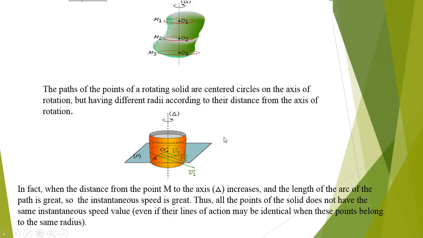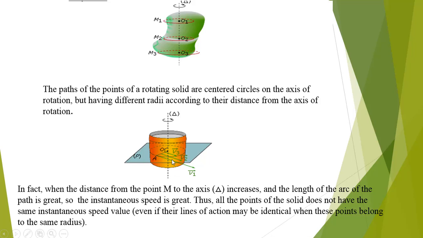For example, in this figure, the lines of action of V3, V2, and V1 are parallel, while the magnitude of V3 and the magnitude of V2 and the magnitude of V1 are different.